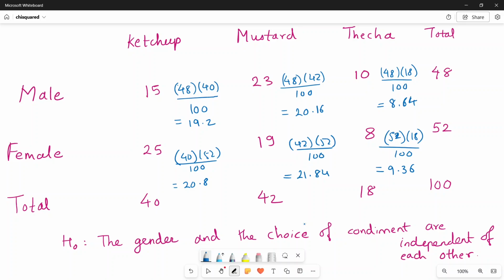Okay, so you know what the next step is. You have to calculate the chi-square value looking at this table.